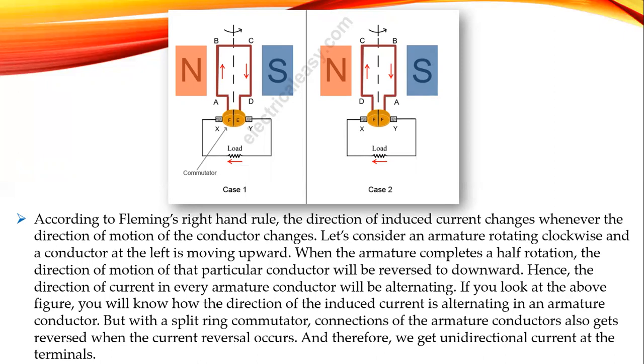If you look at the above figure, you will know how the direction of the induced current is alternating in an armature conductor. But with a split ring commutator, connections of the armature conductors also get reversed when the current reversal occurs, and therefore we get unidirectional current at the terminals.